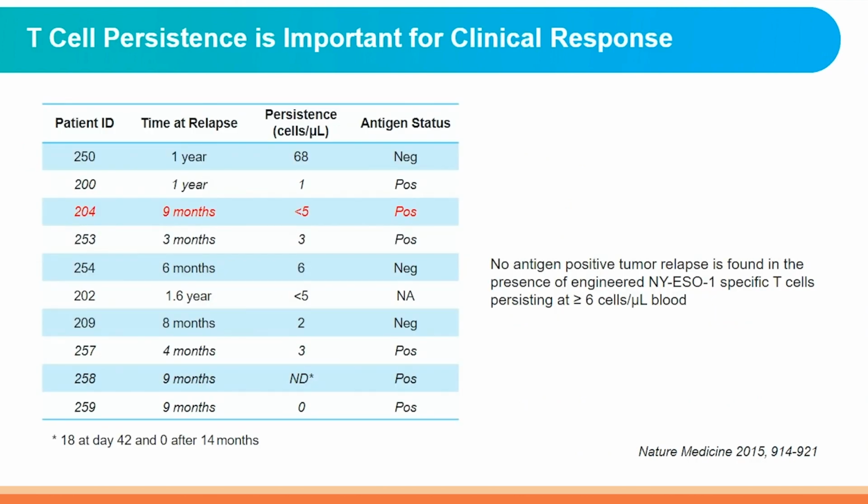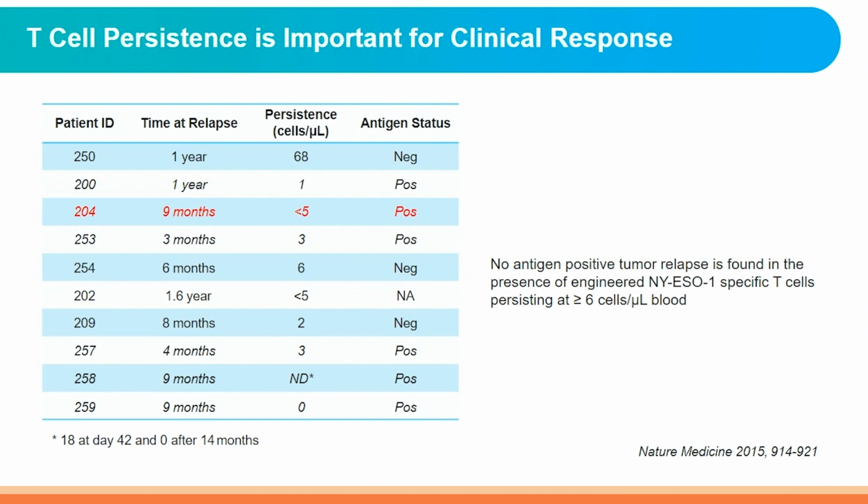One of the biggest difference between T cell therapy and antibody drug is that the T cells can expand, differentiate, and last for a very long period of time. It has been demonstrated that the persistency of T cells is very important for clinical response. Here is one example published in 2015, where the NY-ESO1 specific TCR T cells were used for melanoma treatment.